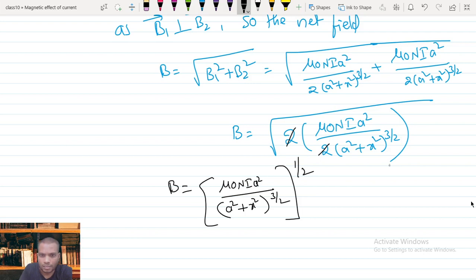Here it is little a. So this is the magnitude of the magnetic field due to the current carrying coils when they are placed exactly perpendicular to each other.